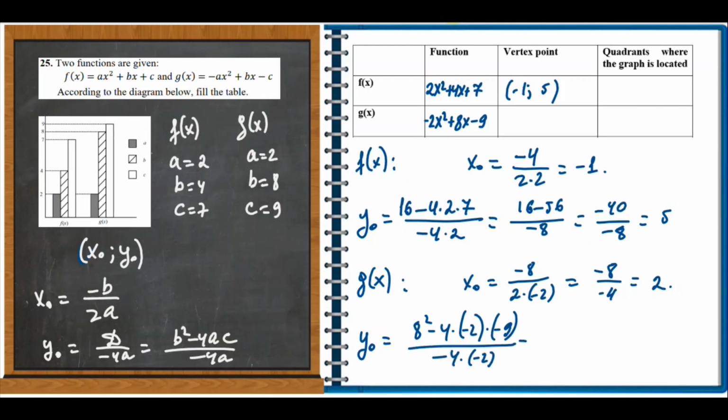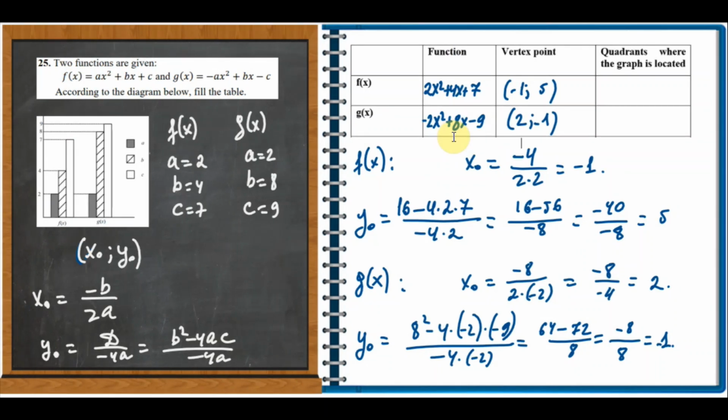So it's going to be 64 minus 72 over, not negative 8, sorry guys, it will be positive 8. So negative 8 over positive 8, that's just negative 1. The coordinates will be 2 and negative 1, the vertex point for gx.